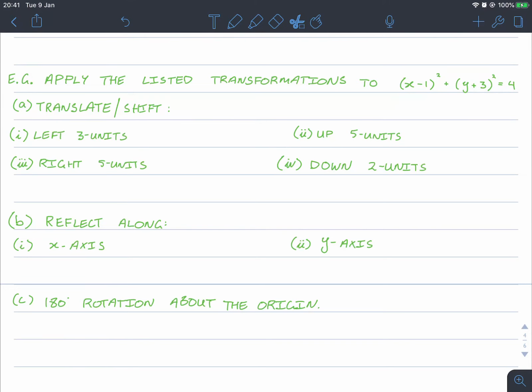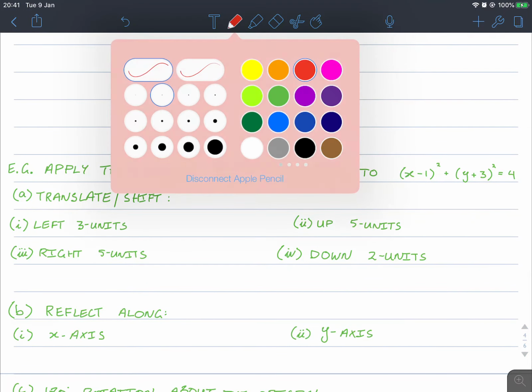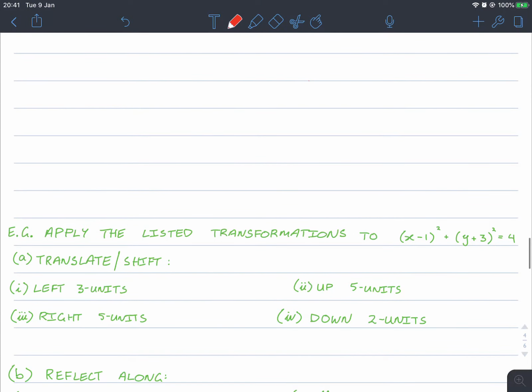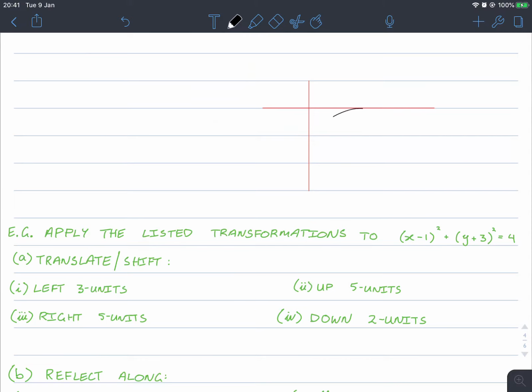Just so we get a visual of what this is, originally it's a circle at the center of 1, -3 with a radius of 2. So let me draw this up. There we are.